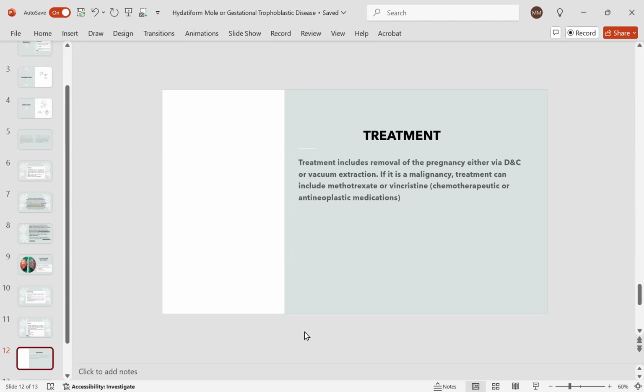Anybody who's ever known anybody that's gone through chemo probably knows that symptoms like hair loss can occur, severe nausea and vomiting. And why do these things happen with chemotherapeutic meds? Cancer cells grow or proliferate much more quickly than normal cells do.